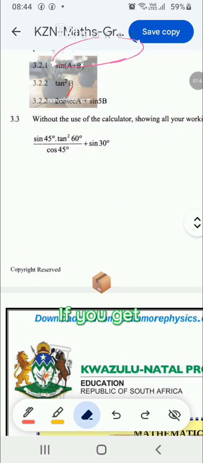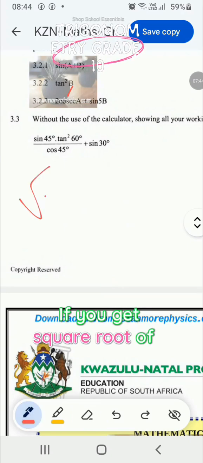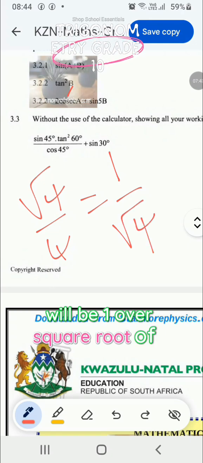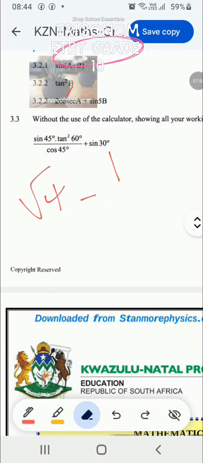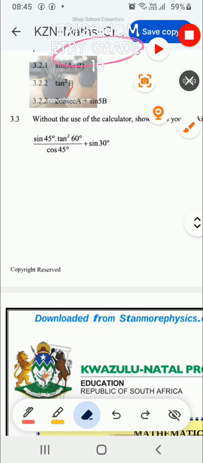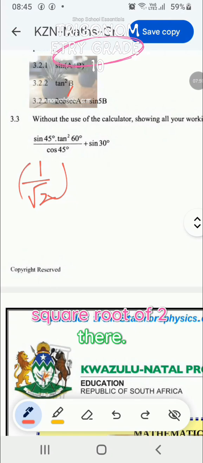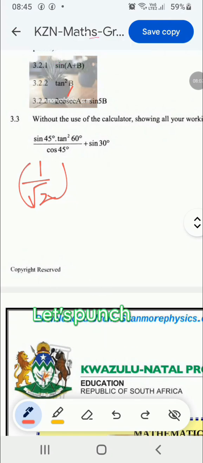If you get square root of 4 over 4, your answer will be 1 over square root of 4, just like that. So it means we have 1 over square root of 2 there. What about tan square 60? Let's punch a calculator.